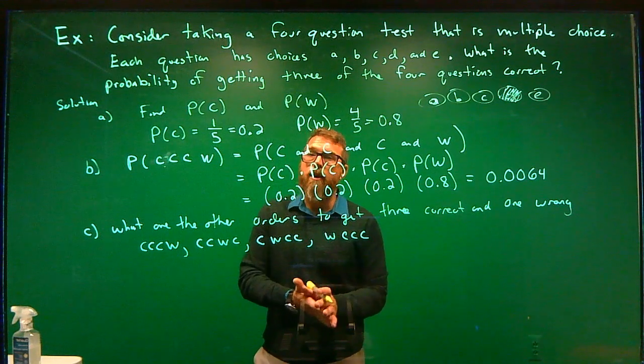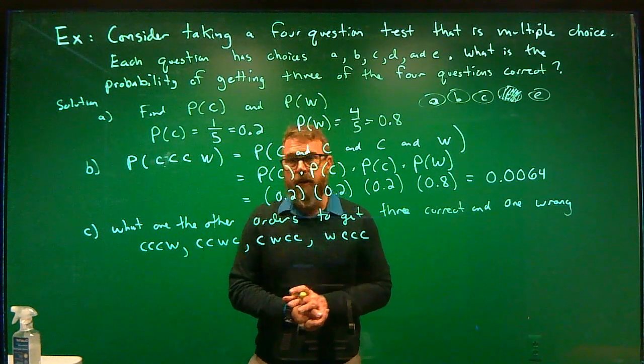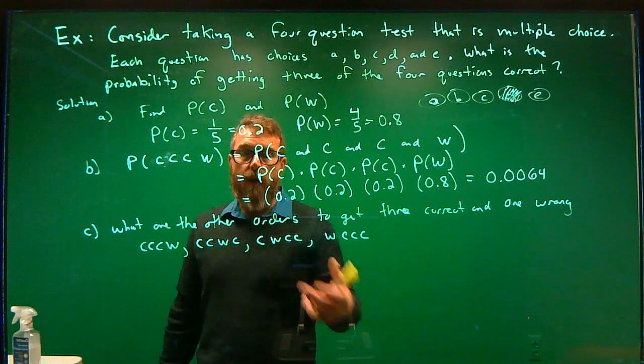So really what I want to do is I can finally answer this question. What is the probability of getting 3 right and 1 wrong?